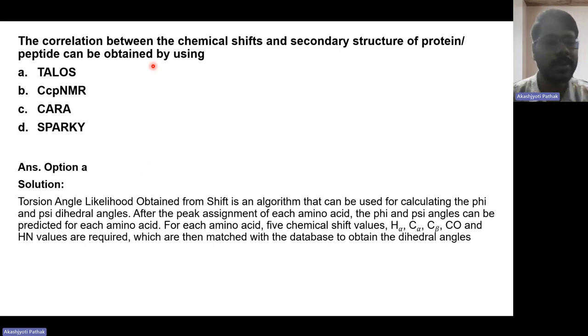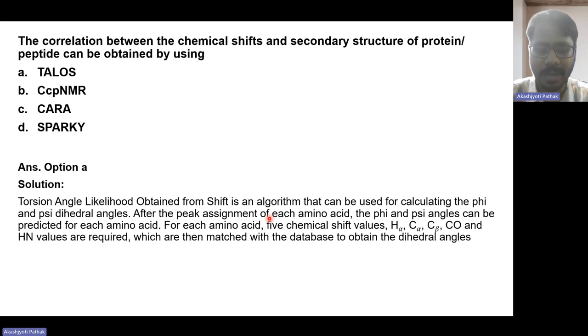Okay. So what is Talos? Talos is torsion angle likelihood obtained from shift. It is an algorithm that can be used for calculating the phi and psi dihedral angles. So when you are solving the structure of a protein, you will get different peaks if you record the HSQC spectra, and you assign the peaks to the amino acid corresponding to each peak.